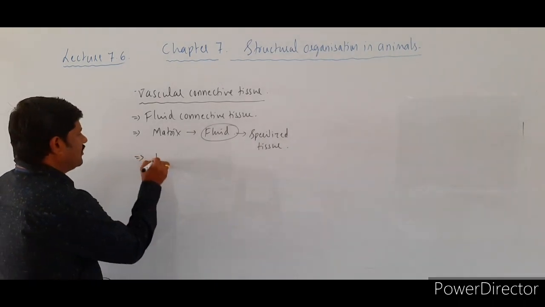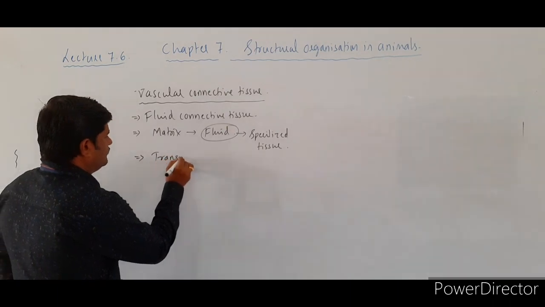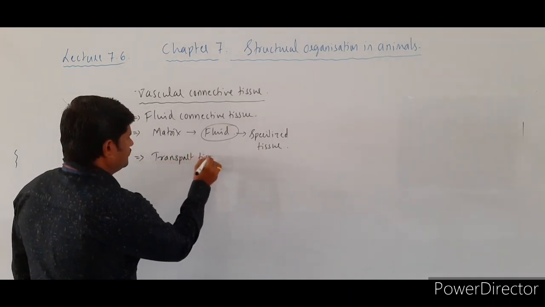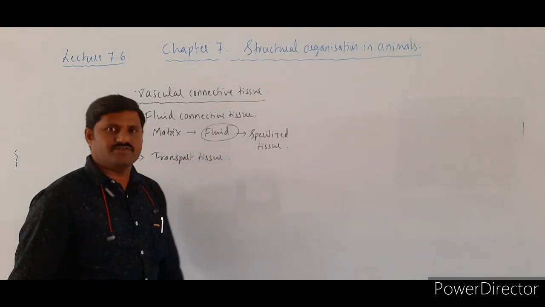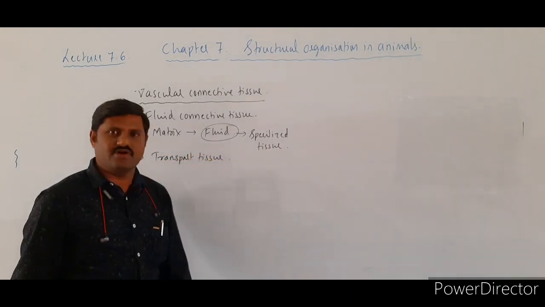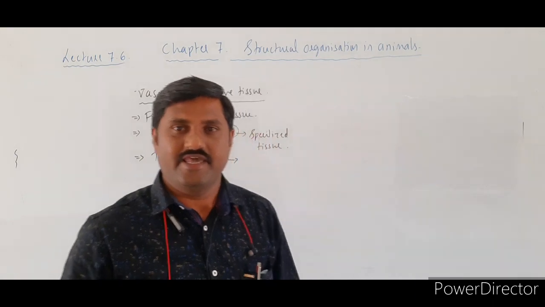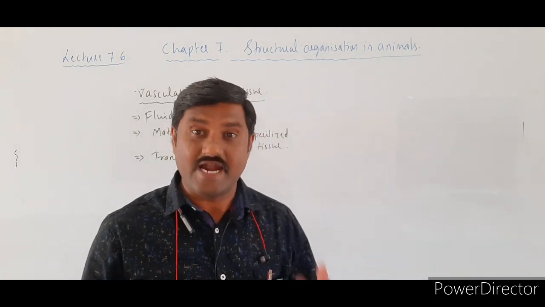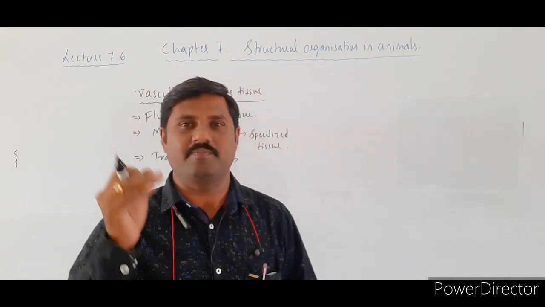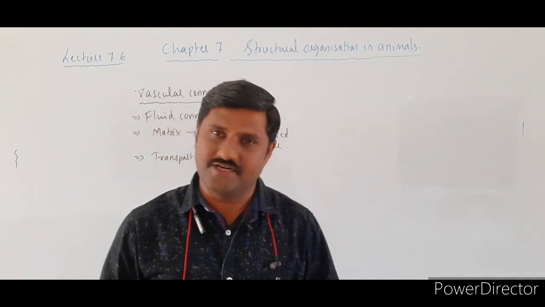And it is also called a transport tissue. Why it is also called a transport tissue is because it helps in transportation of materials across the body, so that it brings about the connection between many tissues.